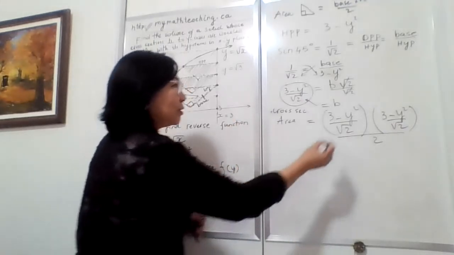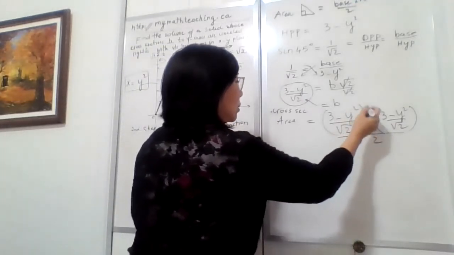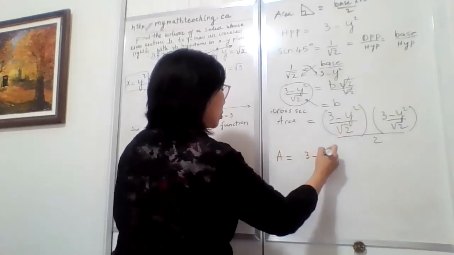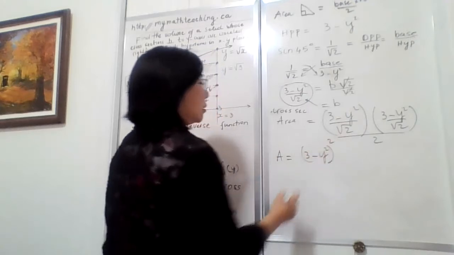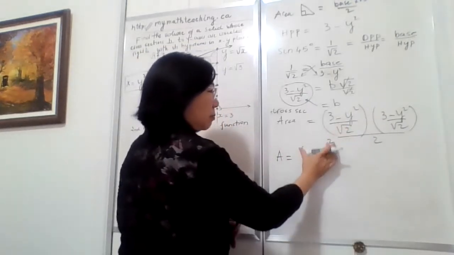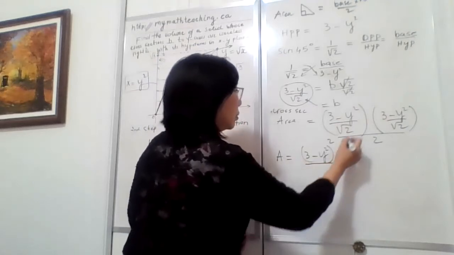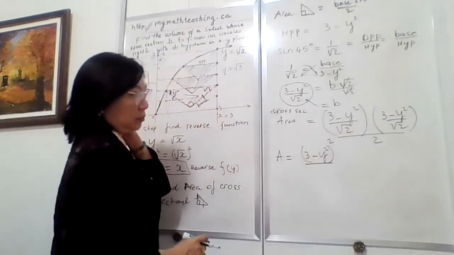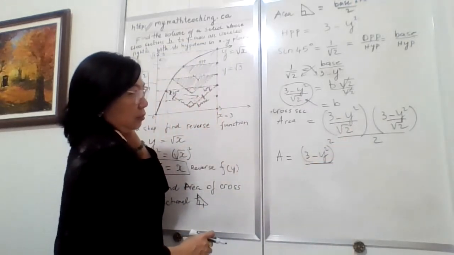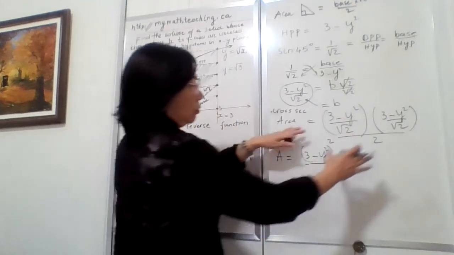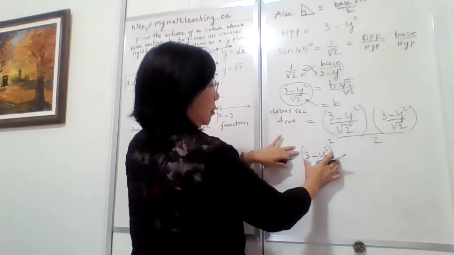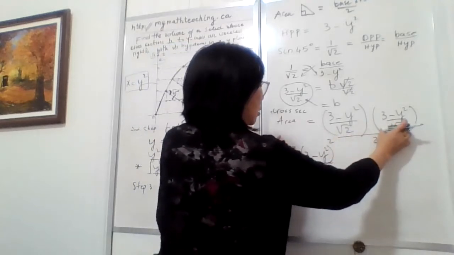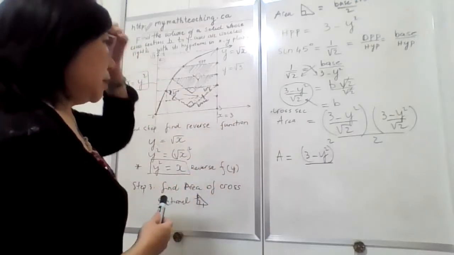Now I'm going to multiply them through. Actually, I can combine them in terms of one function, with the power of 2 over... okay, let me see.